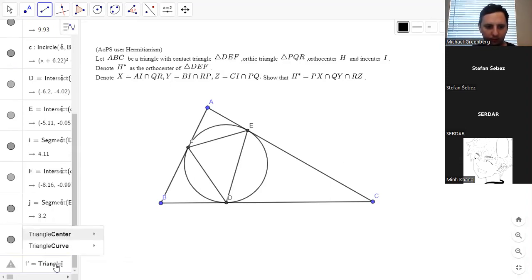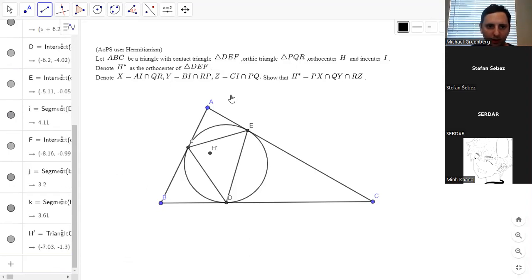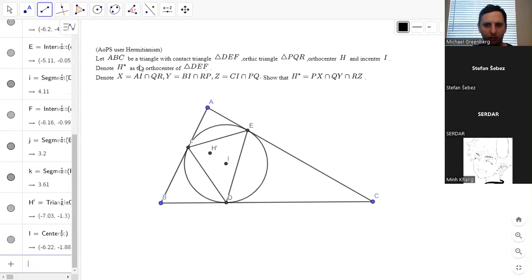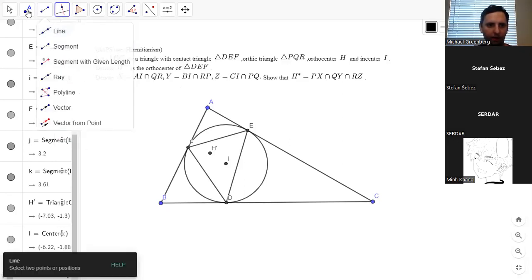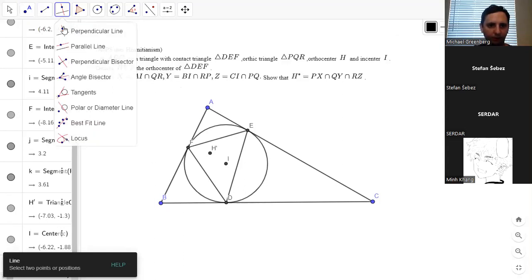And then, so really, I mean, we only need to show, like by symmetry, we only need to show that H is on PX. So X is AI intersect QR. Okay, so we need to draw the three altitudes.